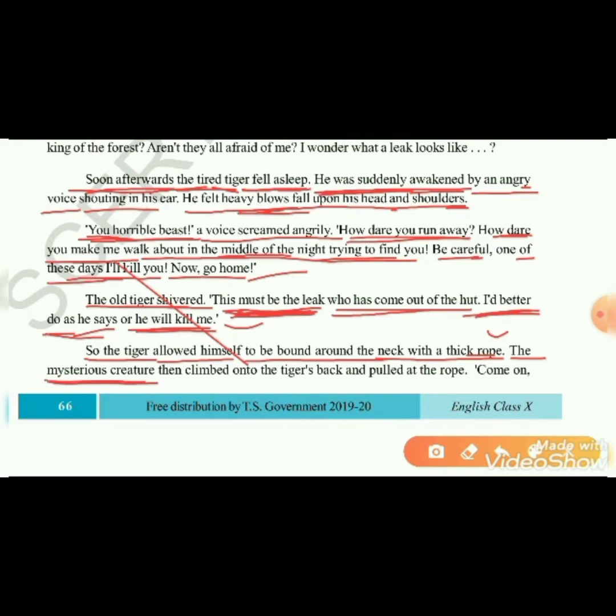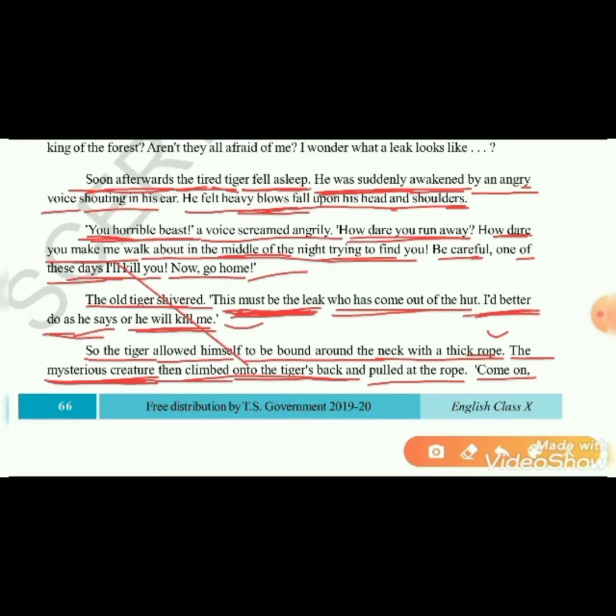Mysterious means a secret creature. Creature means big beast. So the tiger allowed this mysterious creature to tie a big thick rope around its neck and to sit upon him and have a ride as if he was on horseback.